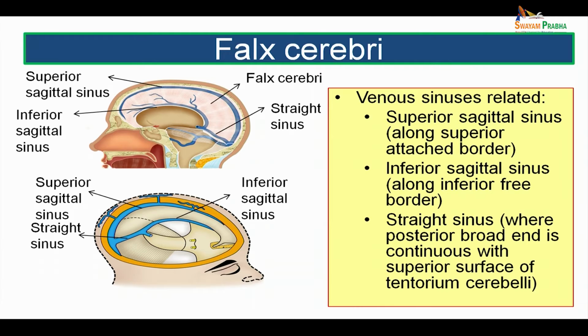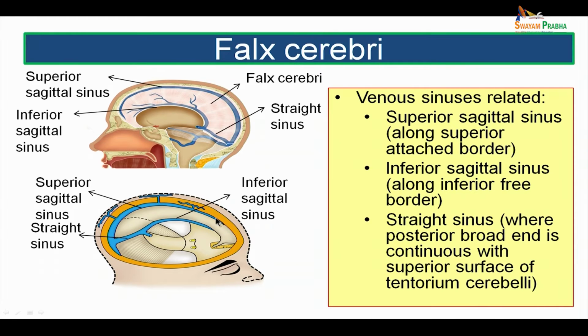There are venous sinuses related to the falx cerebri. Related to its upper attached border is the superior sagittal sinus. Similarly, along its inferior free border, it shows the presence of the inferior sagittal sinus, and along the posterior end, which is attached to the superior surface of the tentorium cerebelli, it shows the presence of the straight sinus.